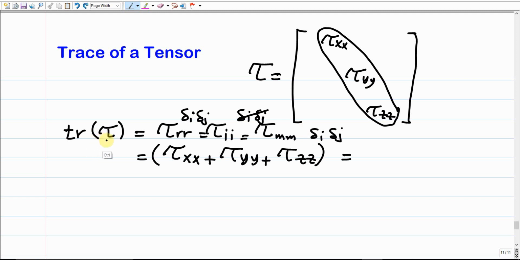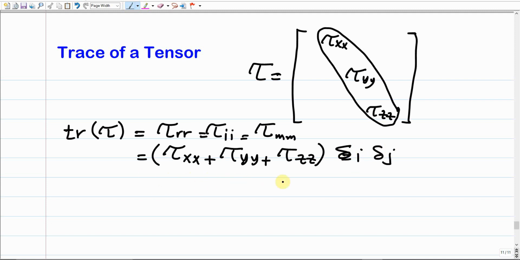So in many cases, the trace is a scalar quantity that represents the sum of the diagonal components of a certain tensor. But it could by itself indicate a vector or a tensor, and here we are talking about the trace tensor, which can be confusing. But anyway, for now, the trace is the sum of tau xx plus tau yy plus tau zz, and we can consider this generally as a tensor.